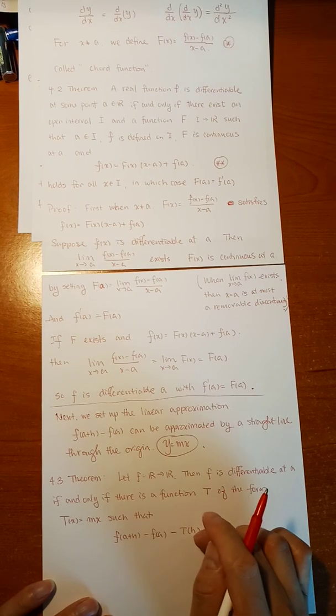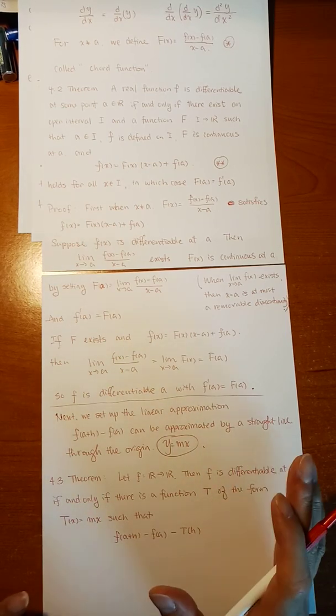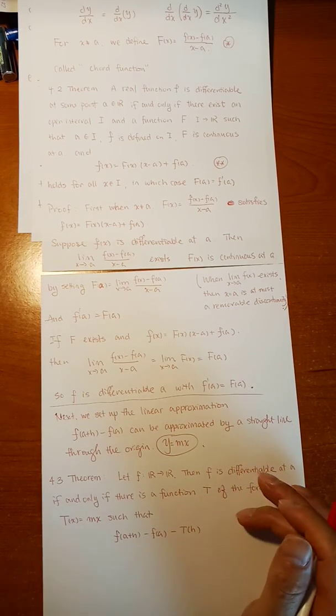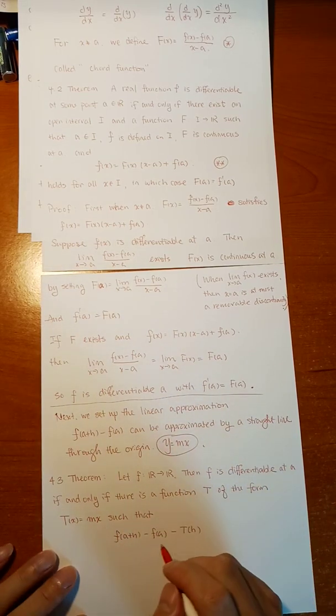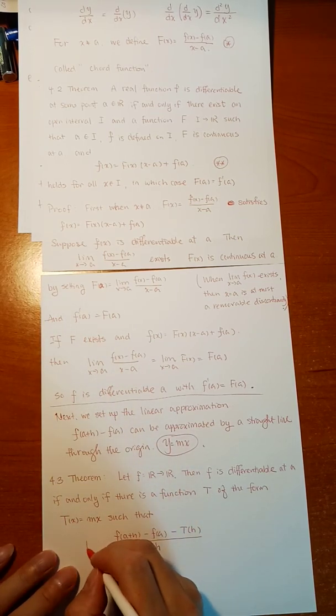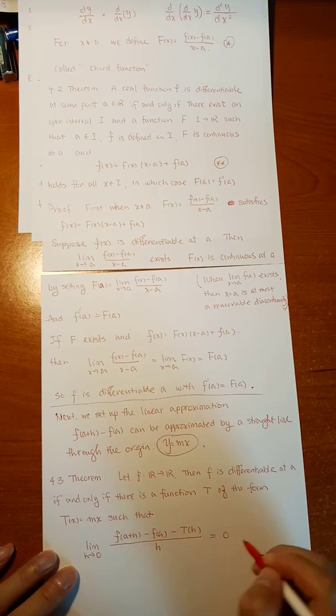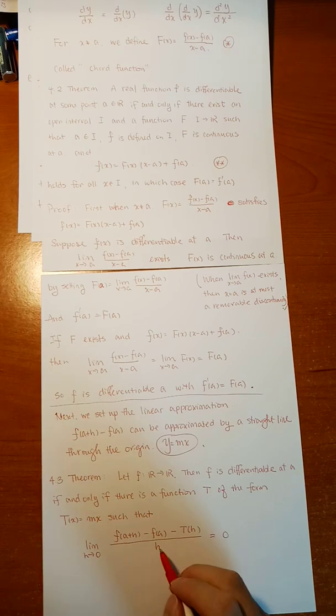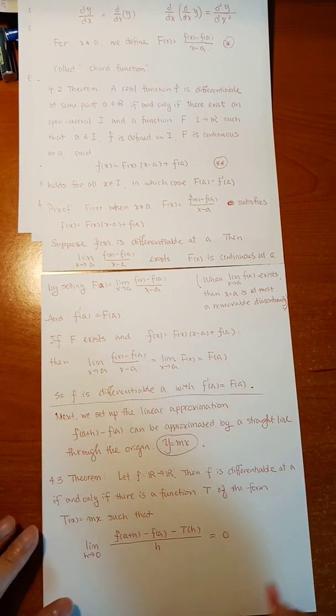Approximation just means this is not exactly 0. If this is exactly 0, it becomes a true linear function. Approximation means the ratio of the error to h has limit equal to 0. Compared with h, the error will be tiny.